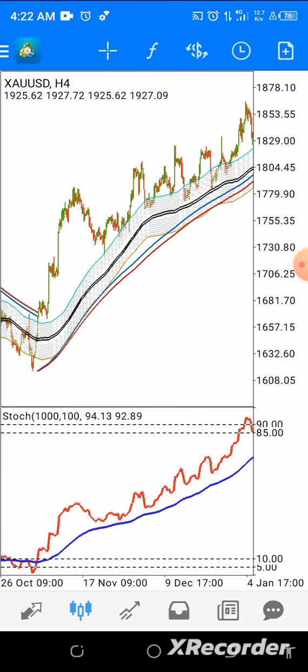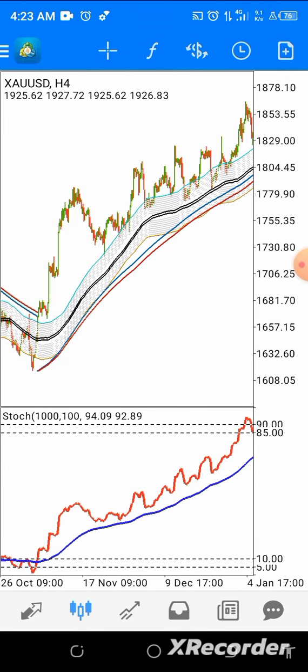On this episode, I'll be teaching you a strategy that works perfectly on higher time frames only: the 4-hour time frame, daily, and maybe 1-hour, but it works perfectly on the 4-hour. Here is a good strategy that a positioning trader can use to trade in the financial market.